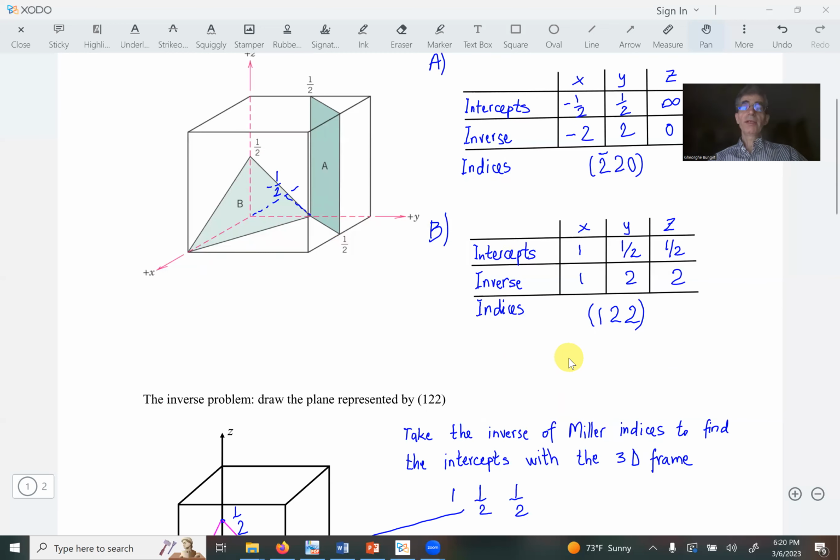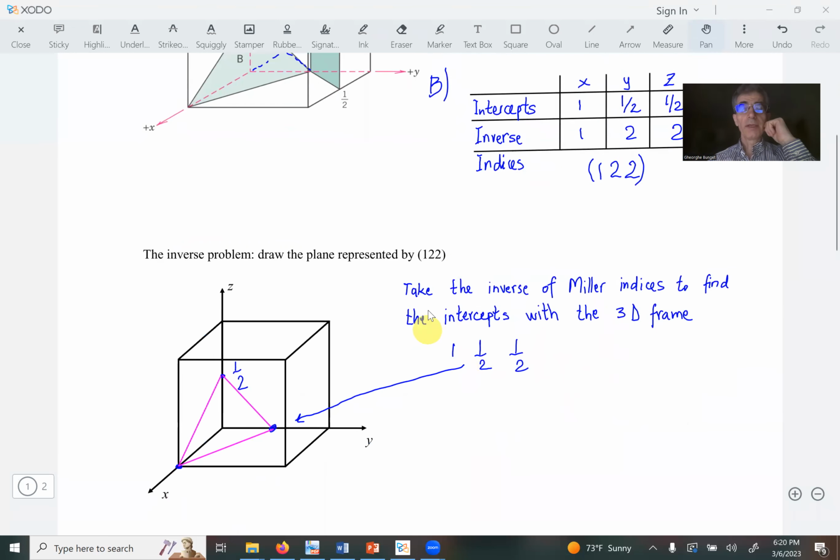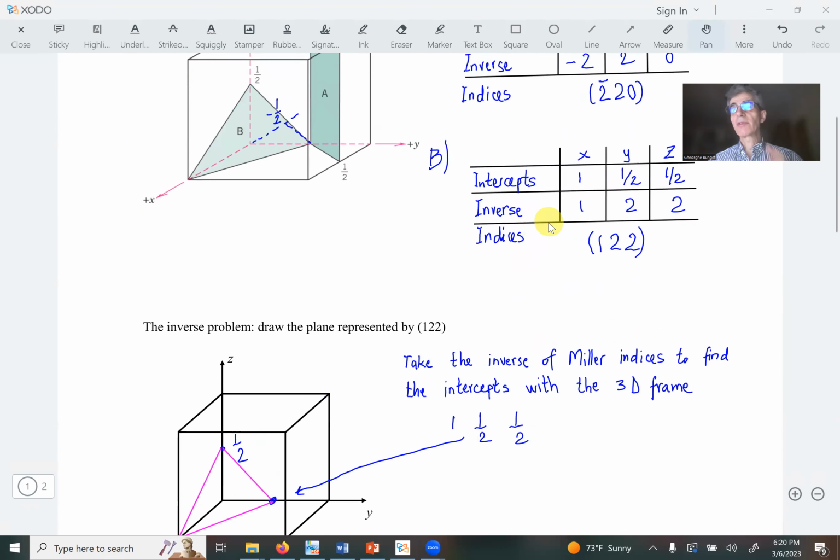Now there are problems where we know the Miller indices, the inverse problem, so we have to draw the plane. It's the inverse process, like we did for the directions. We take the inverse of the Miller indices to find the intercepts.